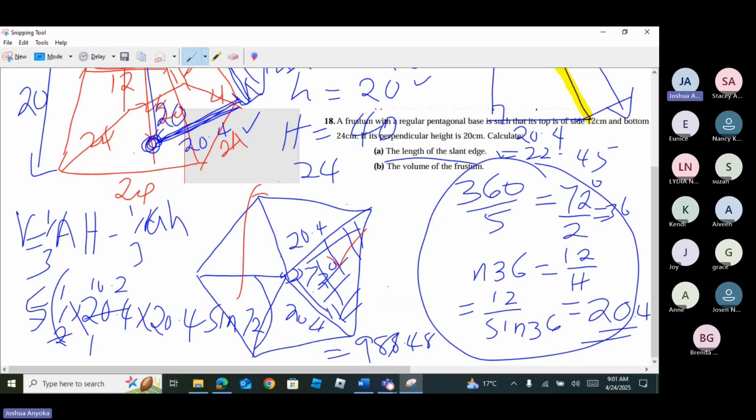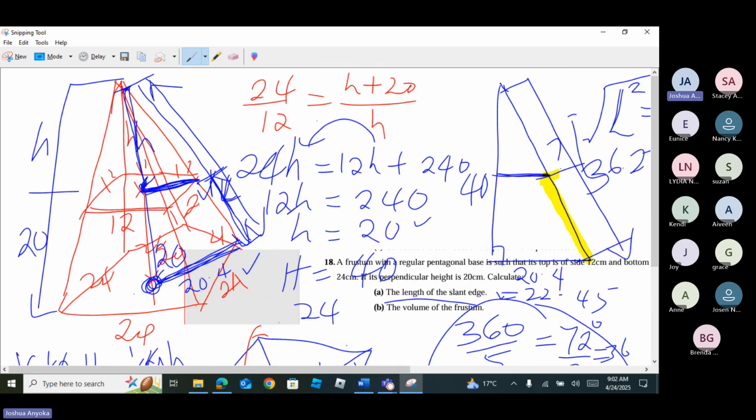Then times 5, which we have been given as 989.48. That is the area of the base. Is that true? Yes. That's the area of the base.